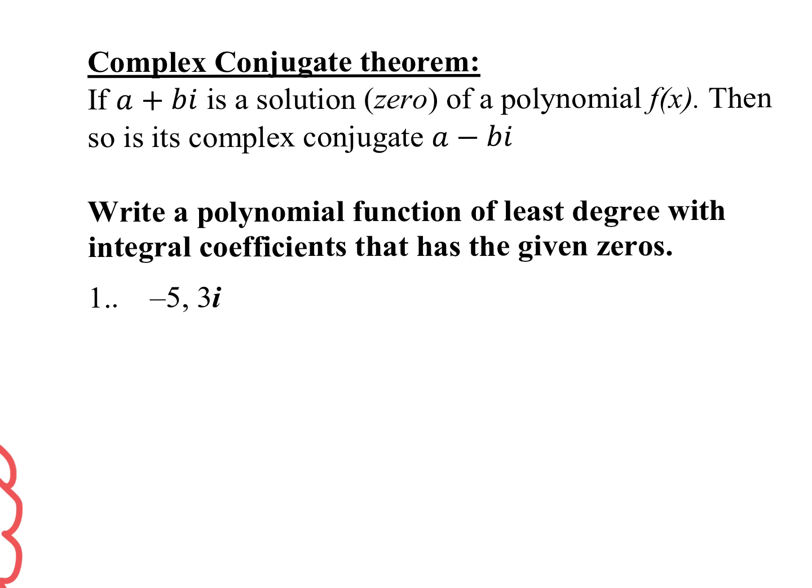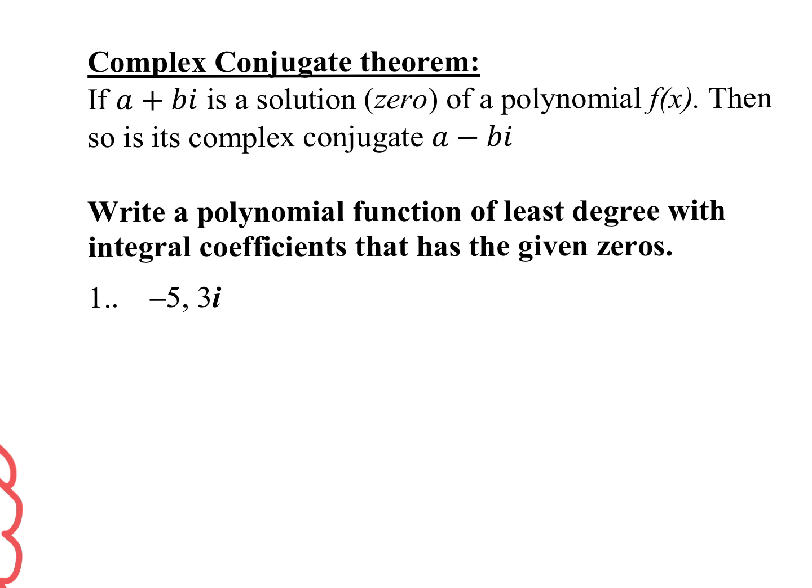Does that make sense? Okay. If 2 minus 7i is an answer, then 2 plus 7i will be an answer, right? All you got to do is change the sign in the middle, okay? So if I give you an answer that's imaginary, then you're going to automatically know that the complex conjugate of that imaginary answer is also an answer.